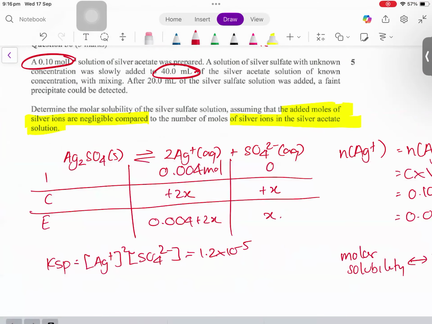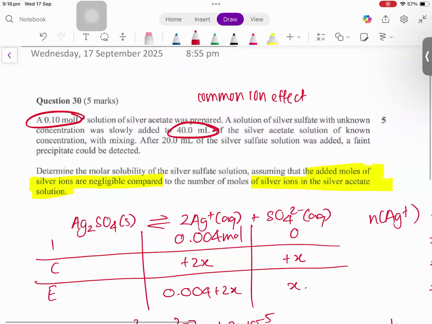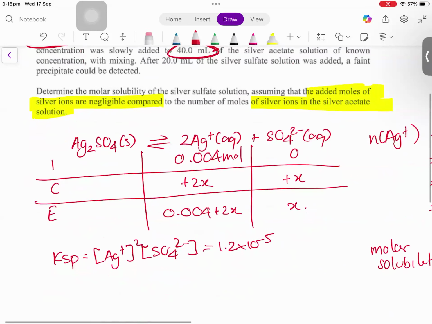Now, to be completely honest with you, that assumption to me kind of seems like it's just confusing you. I'll tell you what it means. But you'll notice that when I go back to the calculation, you were going to make that assumption yourself anyway. They did not need to tell you that in the question.